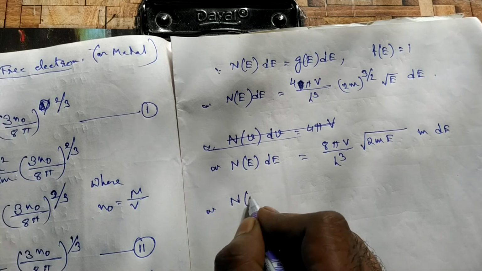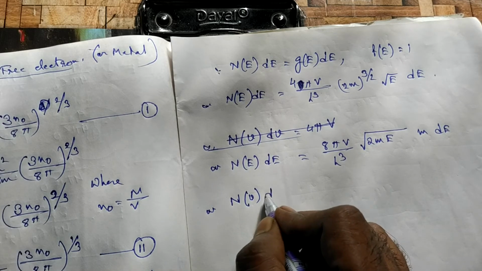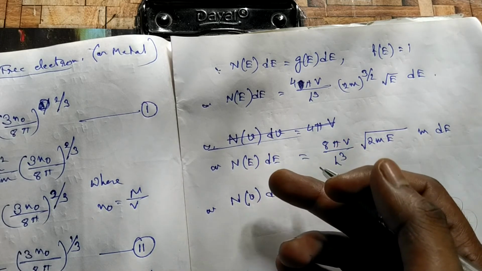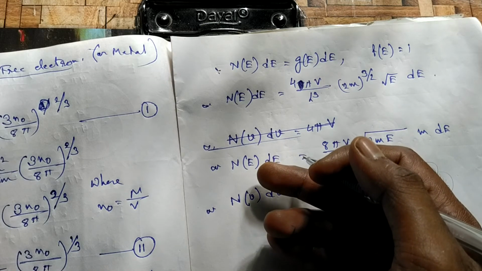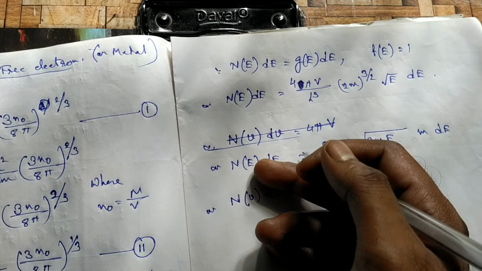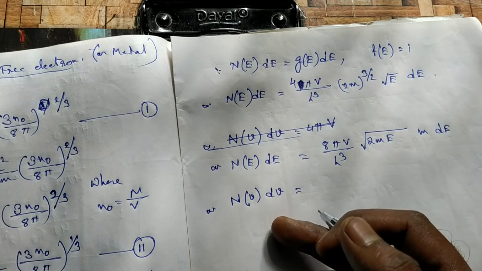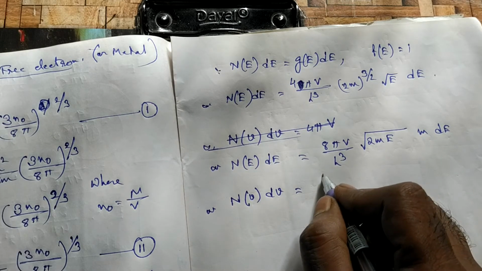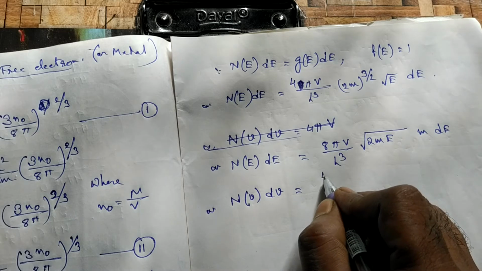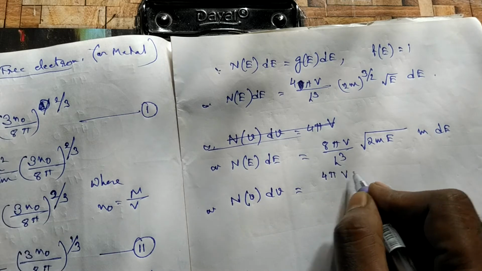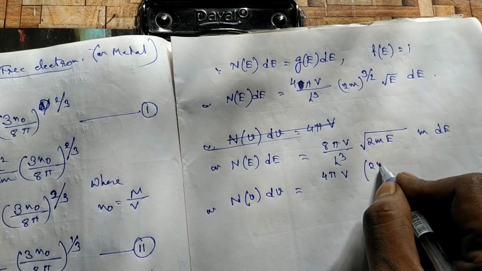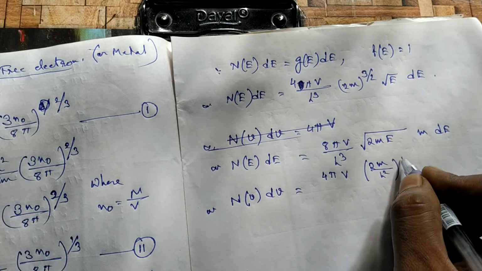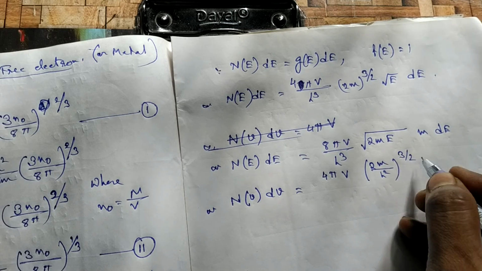Now if you convert the number of particles from a function of energy to a function of velocity, it becomes 4 pi V, 2m by h square to the power 3 by 2.